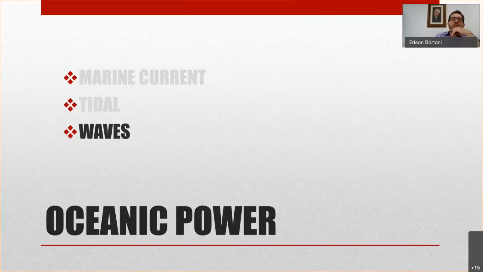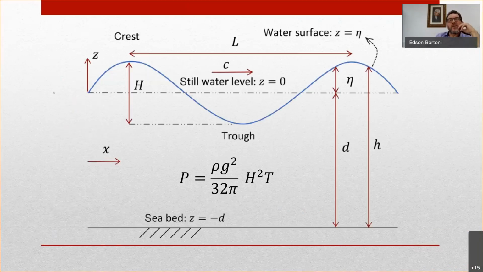And finally, we can have waves. You can model a wave like a sinusoid. So you have the peak-to-peak difference, the height difference, and the wavelength, the length between crests.